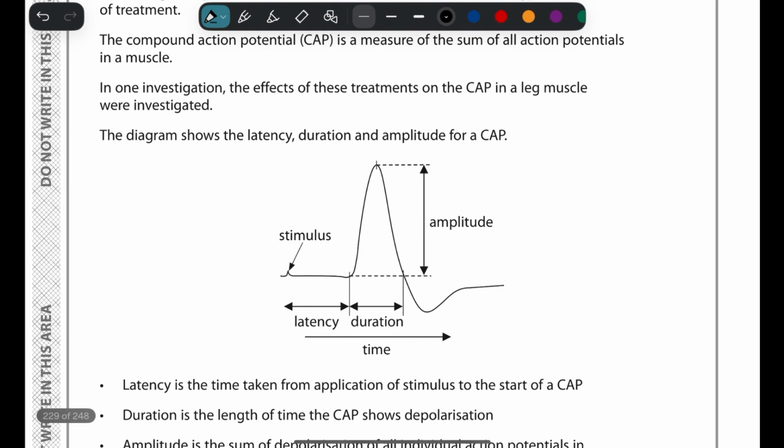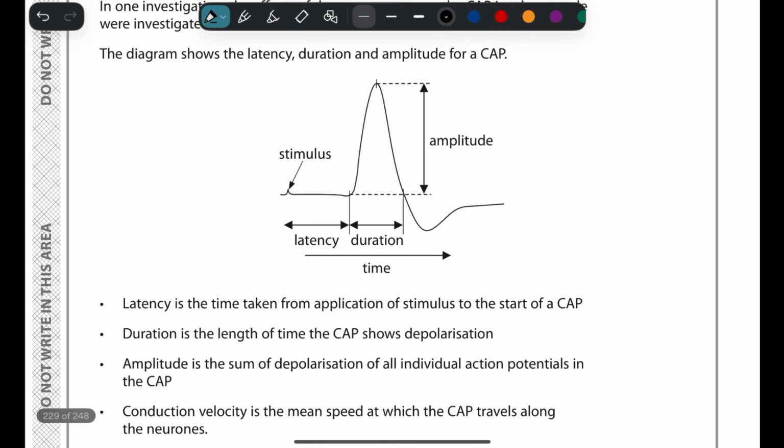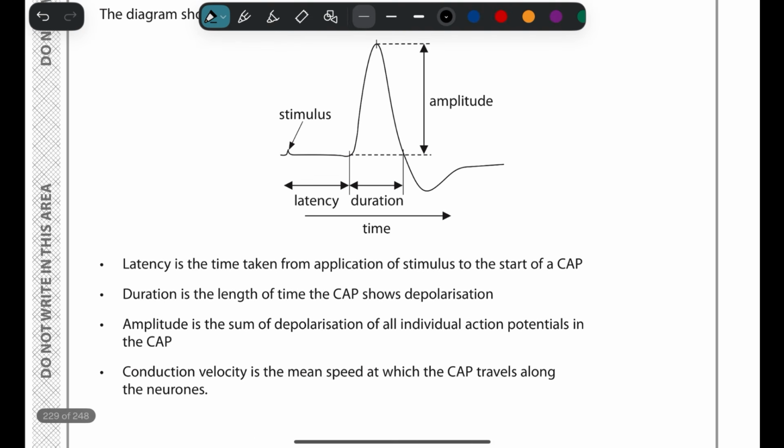For one action potential, they want to talk about latency, duration, amplitude. They've given some definitions. Latency is the time taken for the application of a stimulus to the start of the CAP. Duration is the length of time the CAP shows depolarization. Amplitude is the sum of the depolarizations, and conduction velocity is the speed.